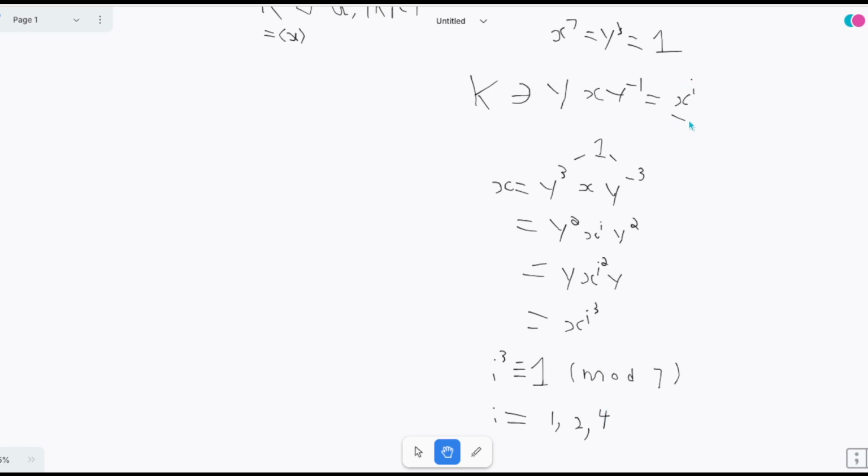So remember, x to the i is y x y to the minus 1. And we only care about modulo 7, so we'll say it's less than 7. So now we can do casework on this.